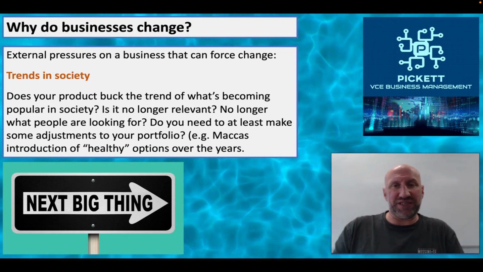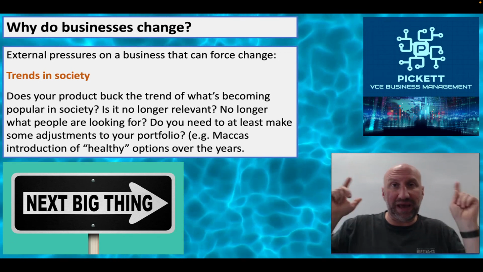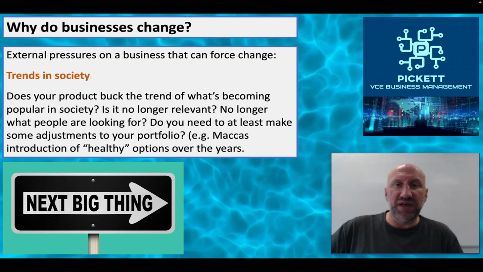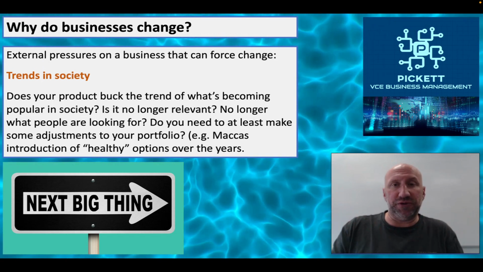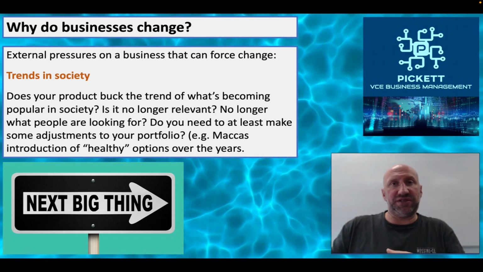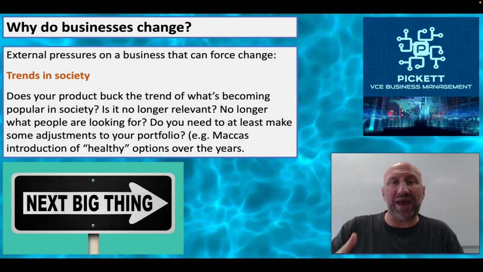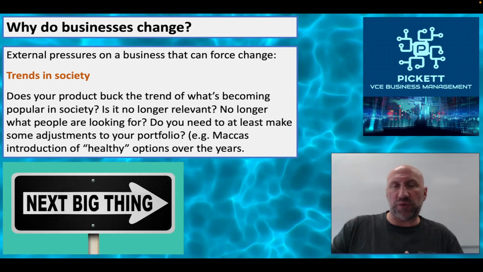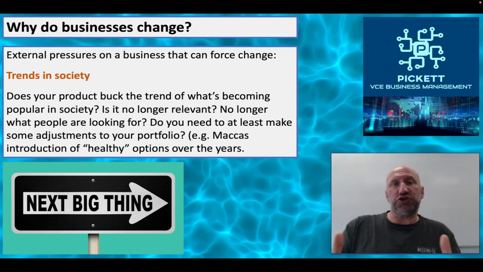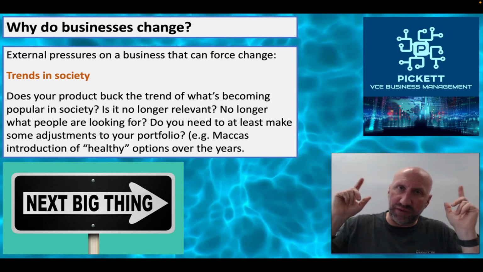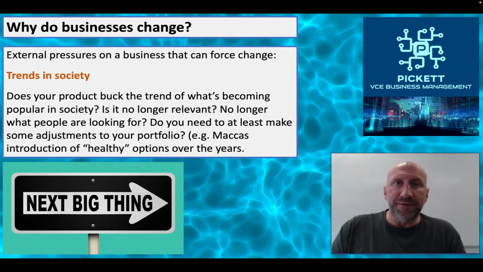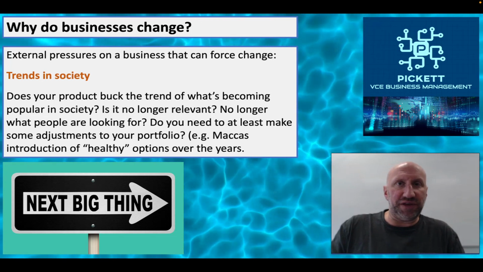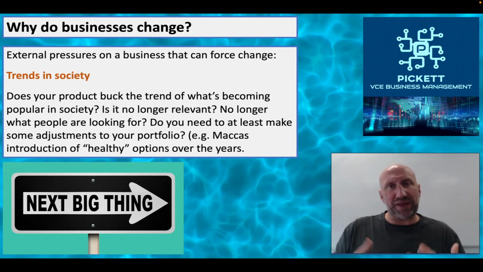We'll look in a little more detail later at Macca's introduction of healthy options over the years. That's a direct response to the trend in society for people to be more aware of what they're putting in their bodies, what they're eating. So they introduced these healthy options, and I say healthy, you know why, because if you actually look at it, a lot of those healthy options really aren't that healthy, but it's the way they're marketed.